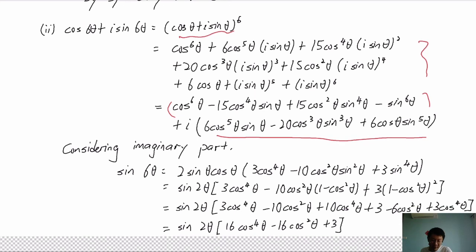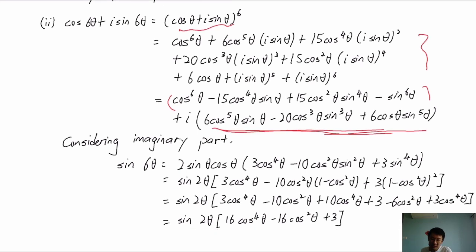So by looking at the imaginary part, which we have here, the first thing that we can do is factorize out 2 cos theta sine theta from all the terms there. It is good for us to proceed from there. These 2 sine theta cos theta will give us sine 2 theta, as needed in the question.